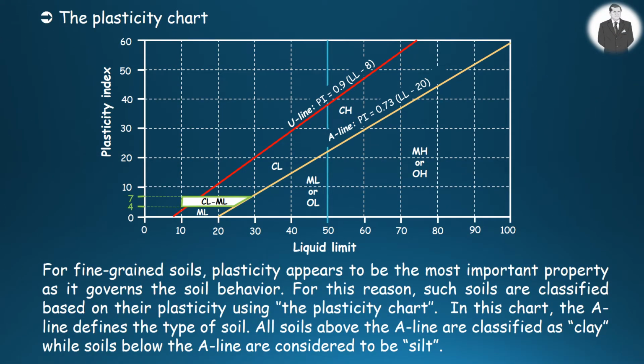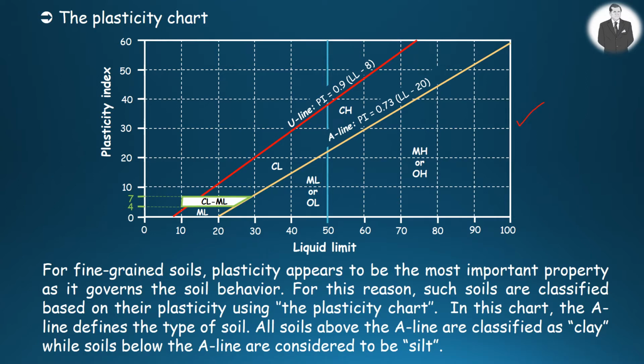The plasticity chart referred to in USCS is given in the figure here. For fine-grained soils, plasticity seems to be the most important property because it controls the soil behavior. For that reason, such soils are classified depending on their plasticity using the plasticity chart.